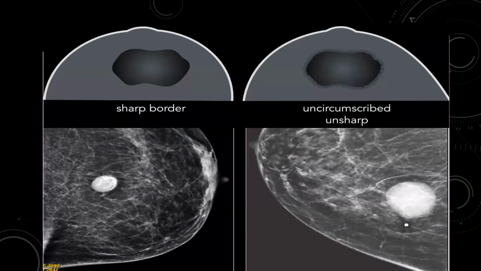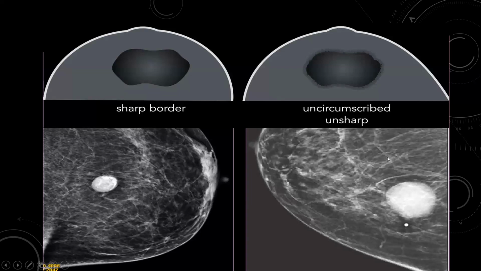Can you look here? When we say circumscribed, look carefully. If it is penciling, it will be a sharp border, as if you brought a pencil and drew the contour of the mass.